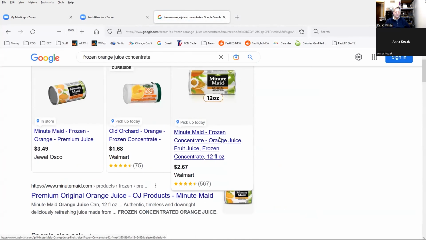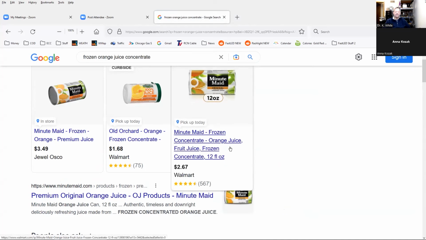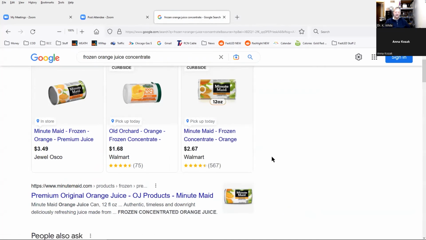And does everybody see on their screen the Minute Maid? I don't get any kickbacks from them, or Old Orchard frozen orange premium juice. And what they call this, and you can see here, concentrate. And what do they mean by concentrate? Well, normal orange juice has certain chemicals along with water in them.